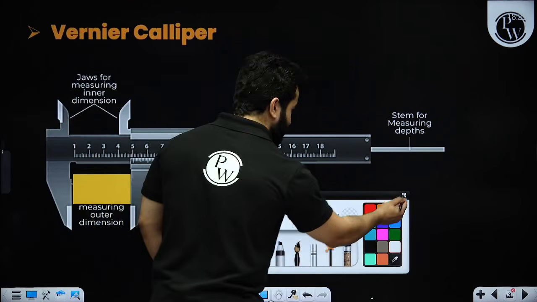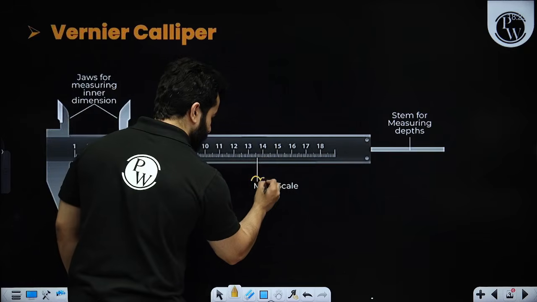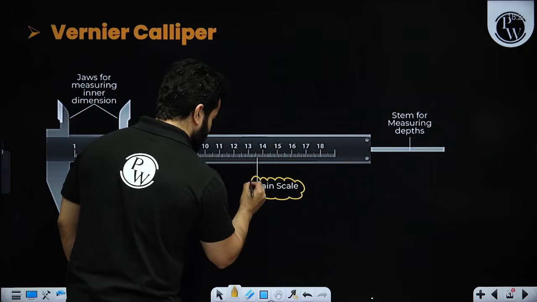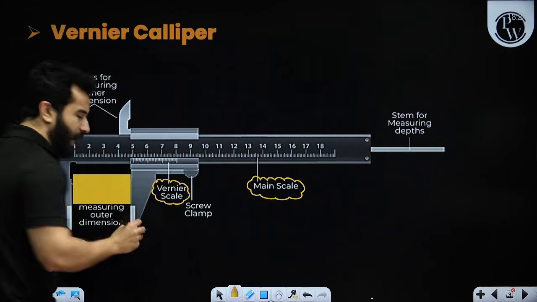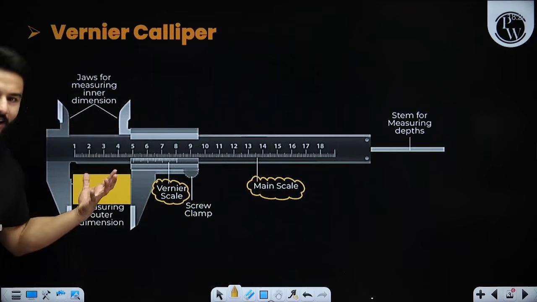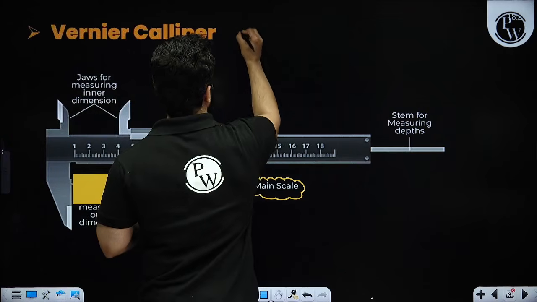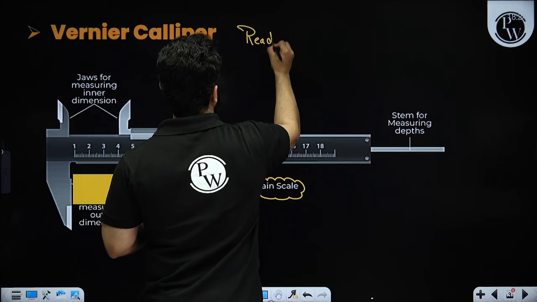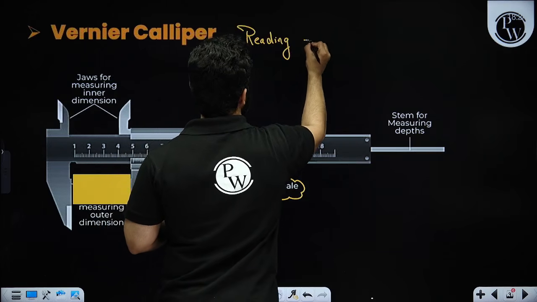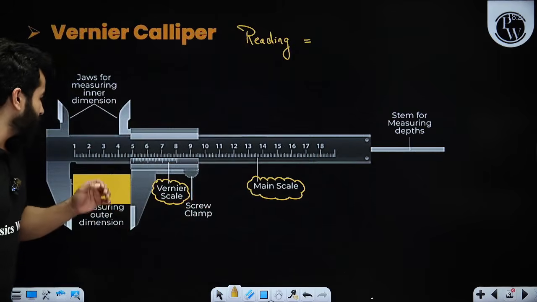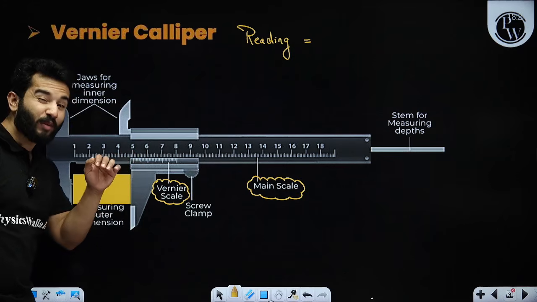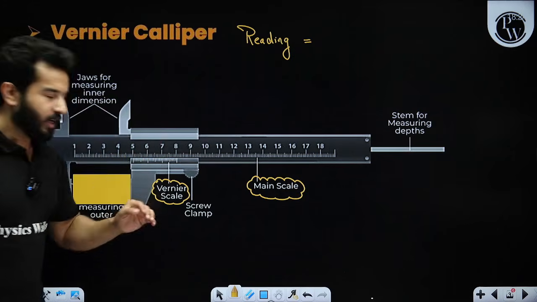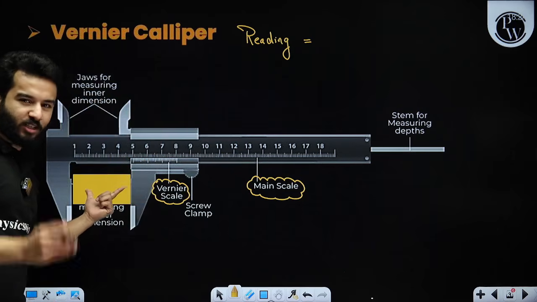My dear friends, this is called the main scale, and this smaller scale is known as the Vernier scale. So when we want to note the final reading, you can see that this is somewhere between 4 and 5. So it will be some 4 point something length of this block, right?